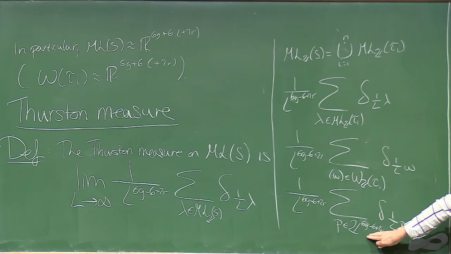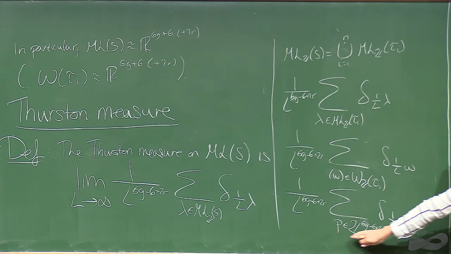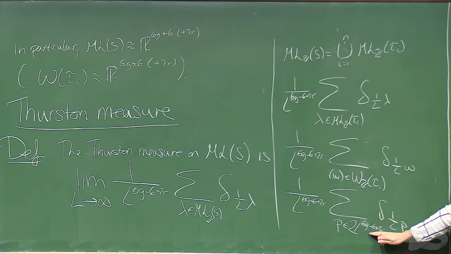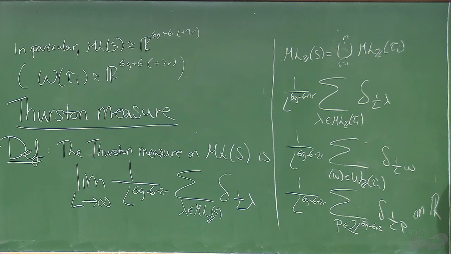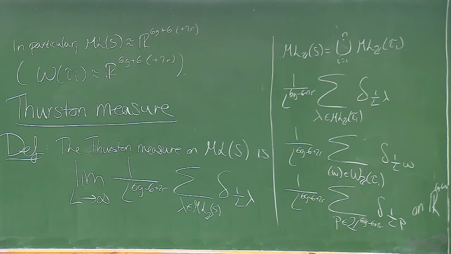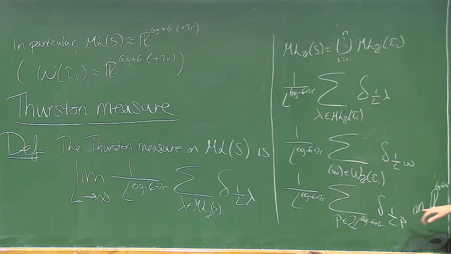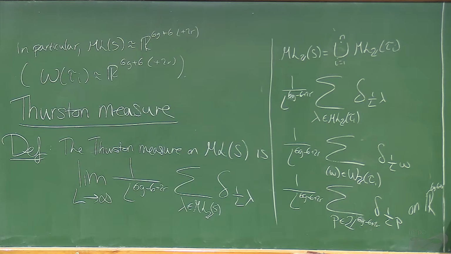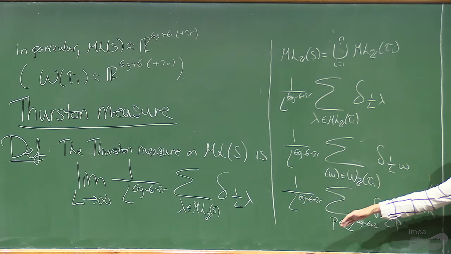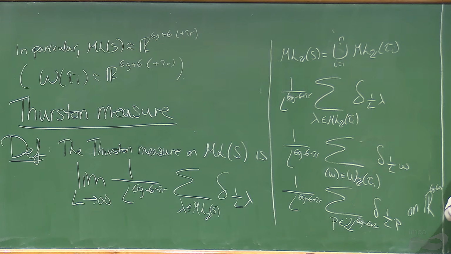And now it's exactly like what we did for the torus. This is the Lebesgue measure. We did this for 6g minus 6 plus 2r equal 2, but this is true in general. So I think of this now as a measure on R to just Euclidean, 6g minus 6 plus 2r. If L was 1, it's supported on all the integer points, the integer lattice in R to this dimension. But now I scale that lattice by 1 over L. And so as L gets bigger, this gets more and more dense.